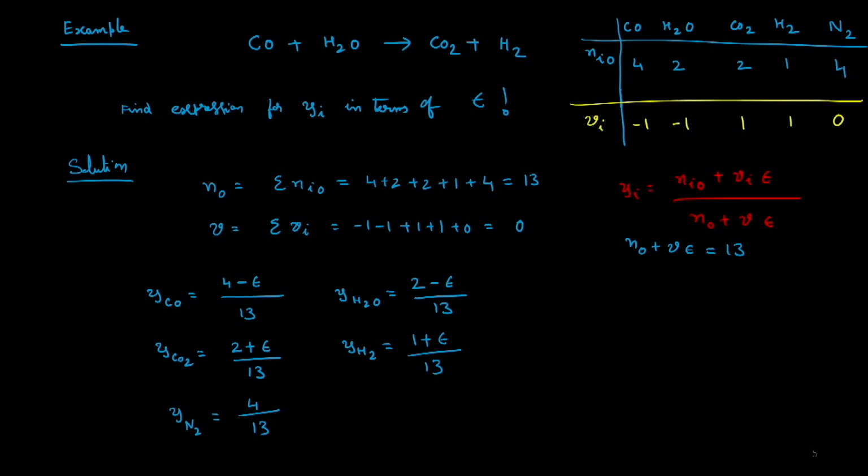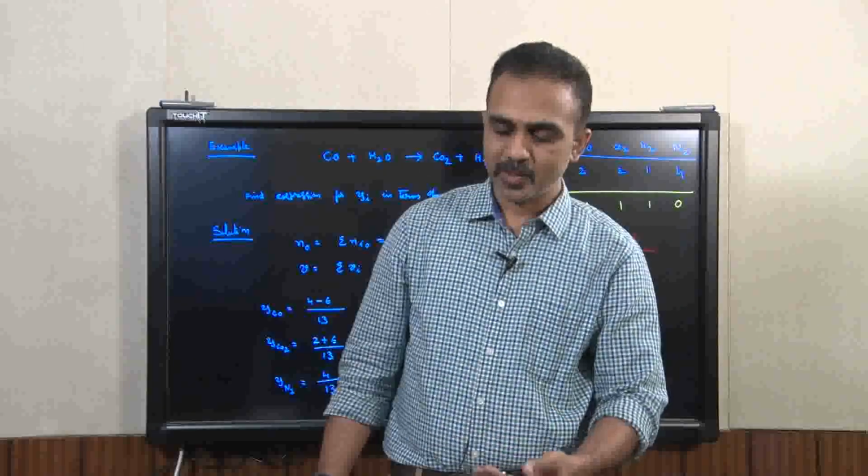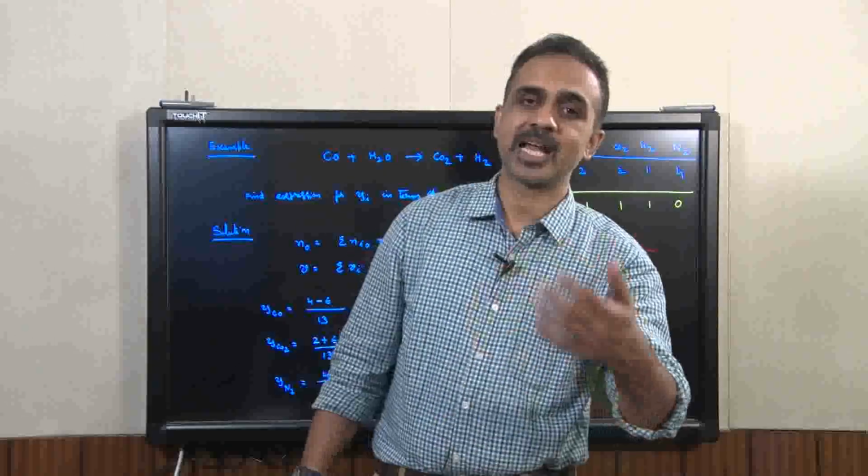So these are the mole fractions for each of the species in my particular reaction at any point in time. And the only thing that you need to know to calculate them is the reaction coordinate, right? In fact, one other thing I usually do when I solve problems such as these is make sure that all the mole fractions add up to unity.